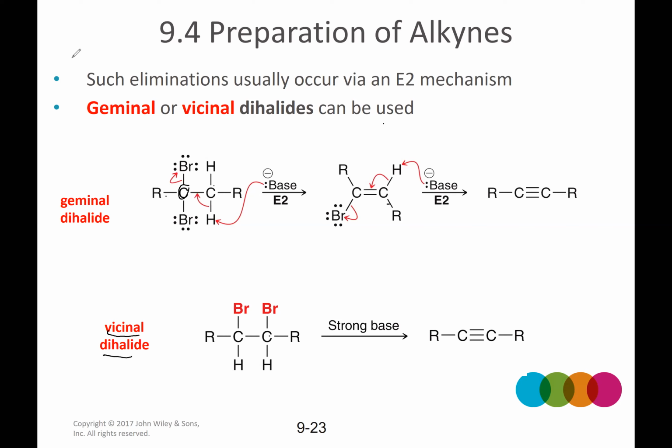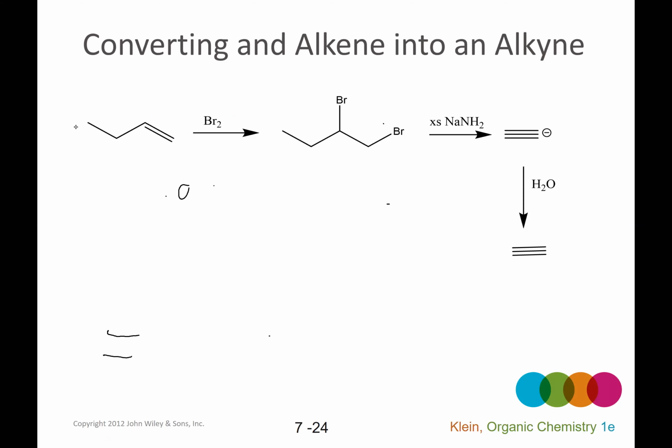So let me show you a little more about this. Here's an example I want to show you. We're starting with 1-butene, an alkene. I have 4 carbons here.